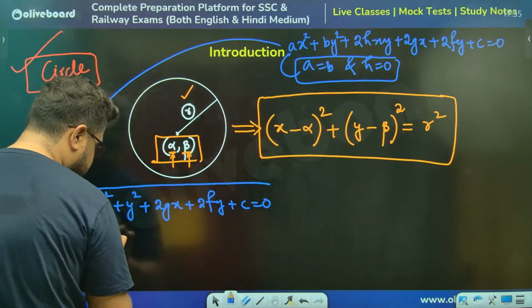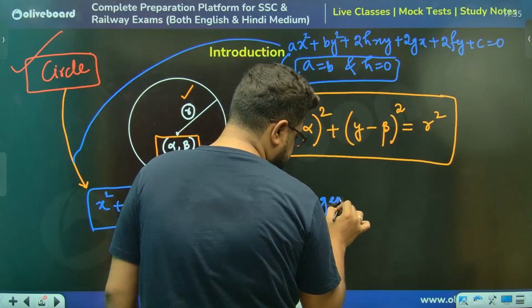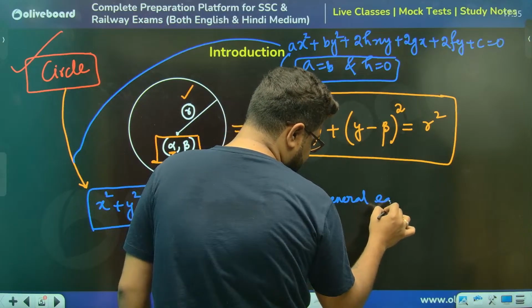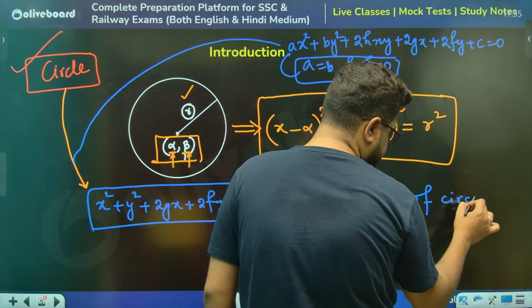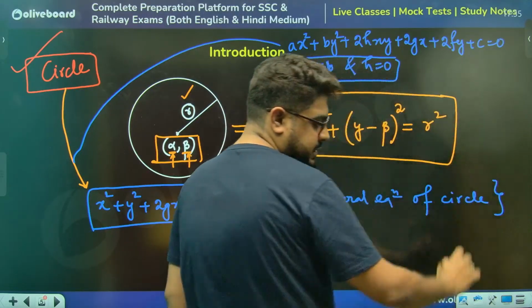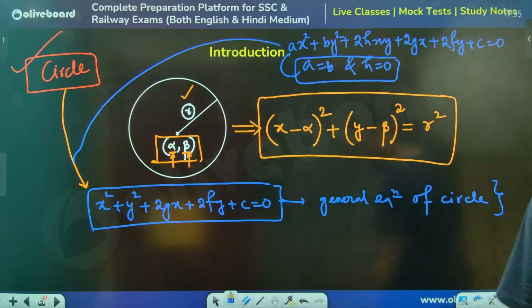This is what we call the general equation of a circle. Please understand this.